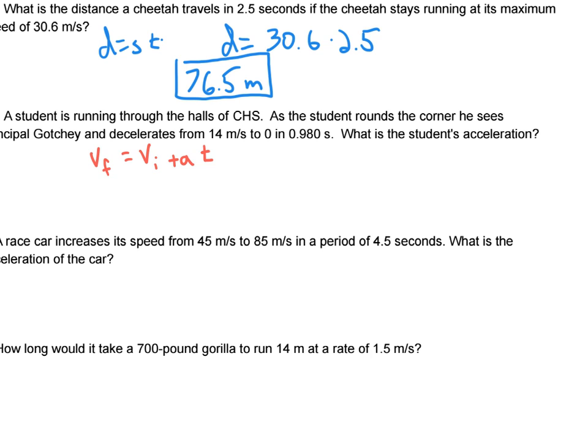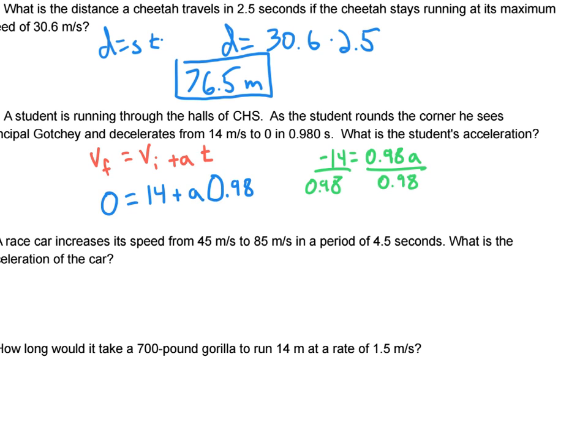And now let's fill in. Our final velocity is 0 meters per second, initial velocity 14, plus we don't know the acceleration, but we know it takes 0.98 seconds. Subtract 14 from both sides, we'll get negative 14 equals 0.98a. Divide both sides by 0.98.